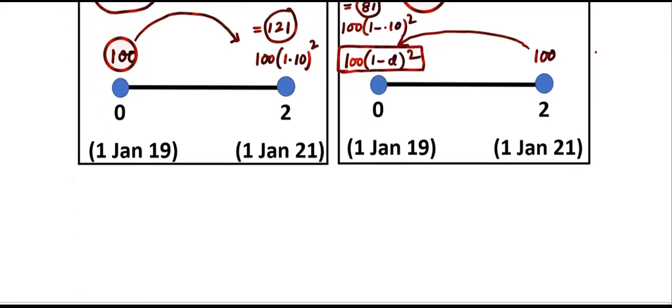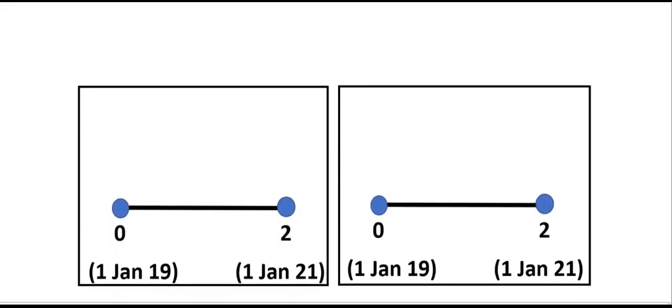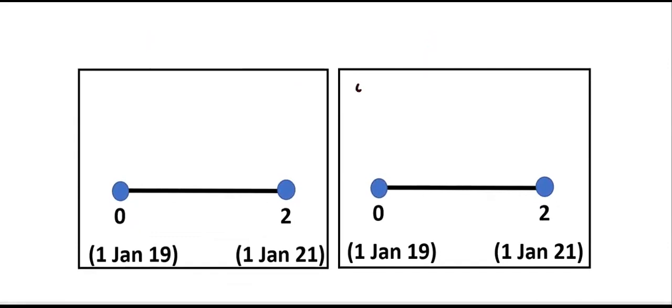Now let's do the opposite. Here i is given as 10%, and you have to find the discounted value.